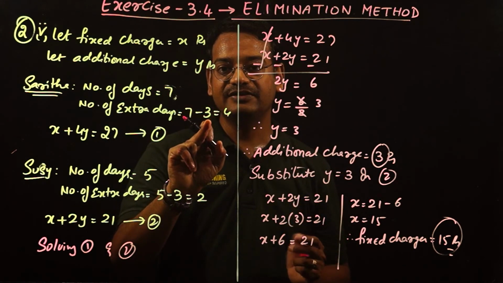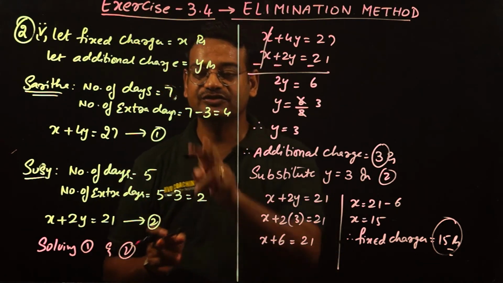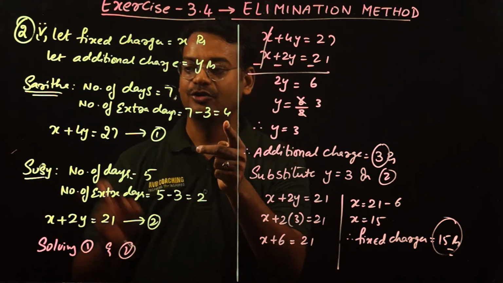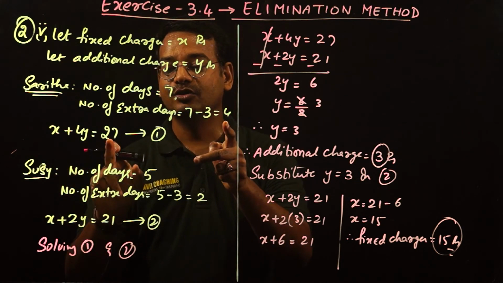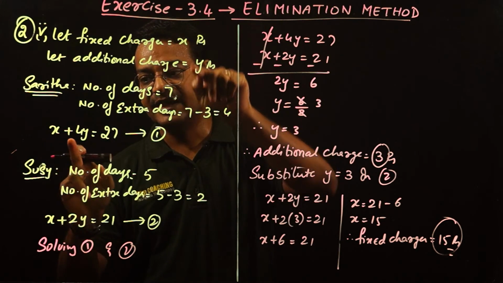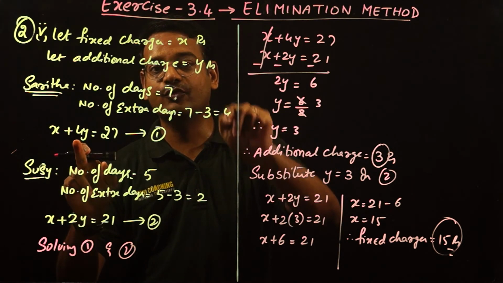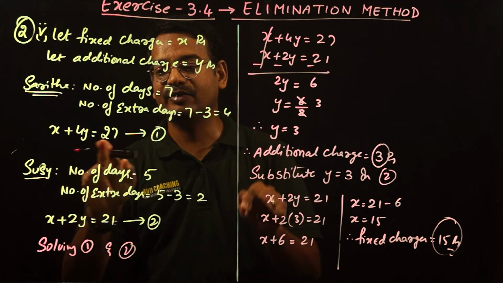Sarita is keeping the book for 7 days, so 7 minus 3, the extra days, will be 4. How much has Sarita paid? Totally 27. So 27 includes the fixed charges and the charges for 4 days, which will be 4 into y. So x plus 4y equal to 27.